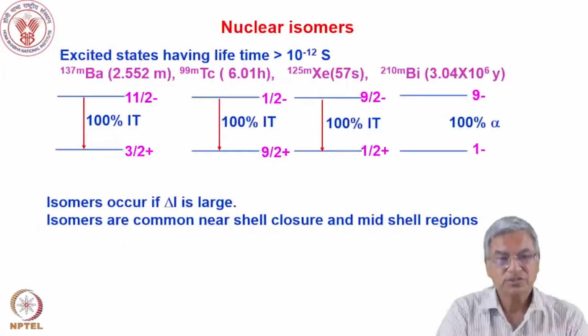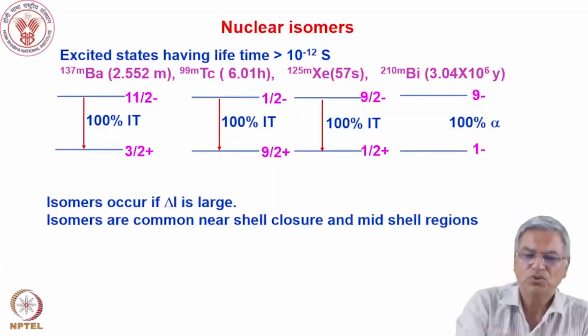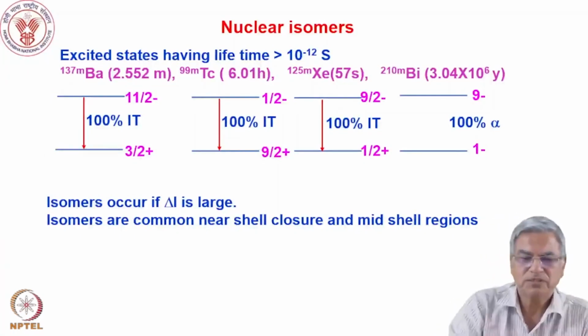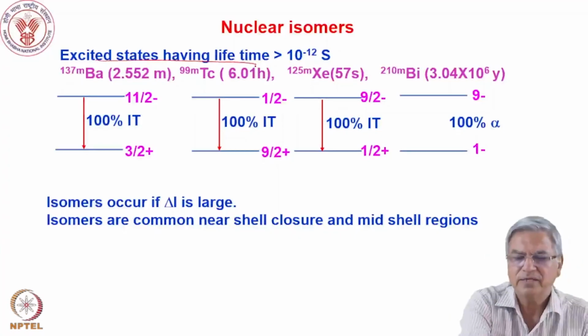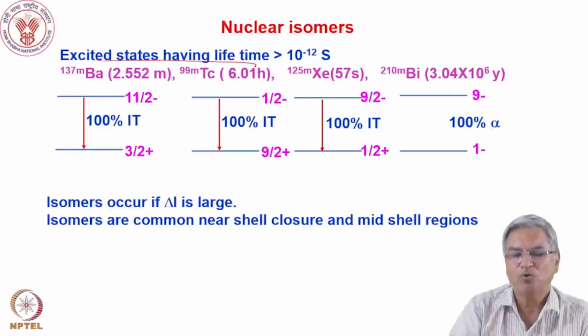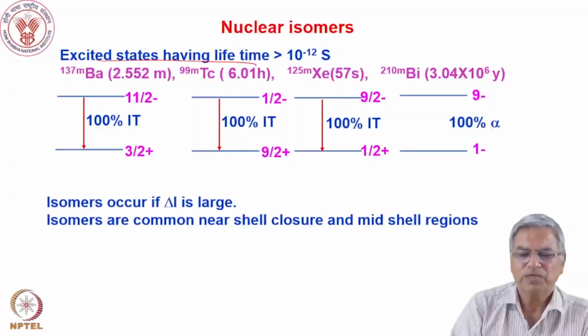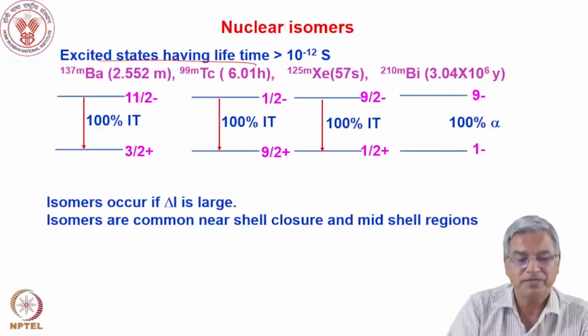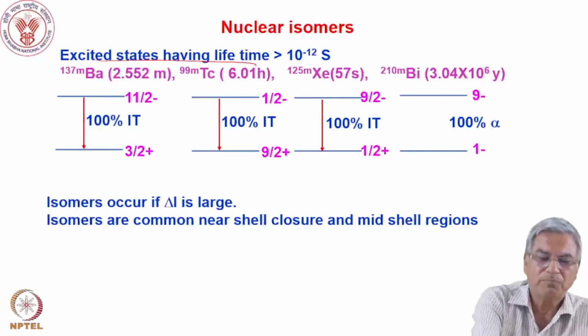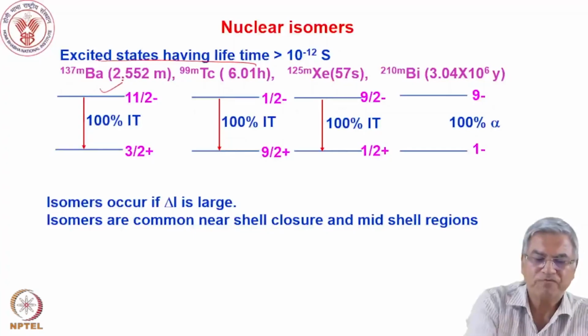Lastly, I have already discussed nuclear isomers, so I don't have to discuss much. These are excited states of nuclei having a lifetime of more than a picosecond, living beyond the single particle estimates, wherever gamma ray decay is hindered. A typical example is barium 137m, 2.5 minutes.